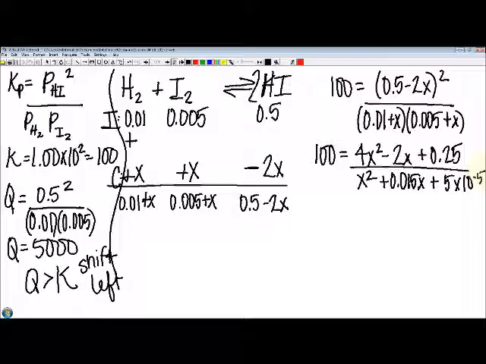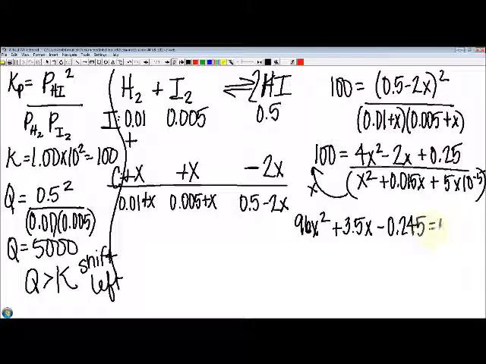Okay, so we need to take this whole bottom and multiply up by 100, and then we have to get the other side to 0, so I'm just going to simplify steps. If you want to see my note packet to see how I worked it out, that is fine. But I got it to be 96 x squared plus 3.5x minus 0.245 equals 0.